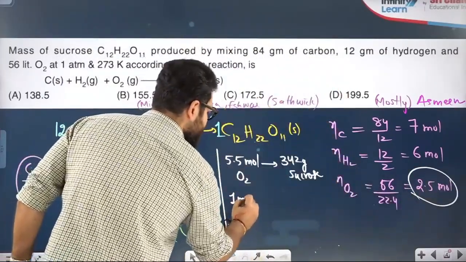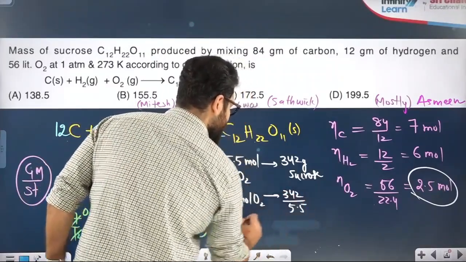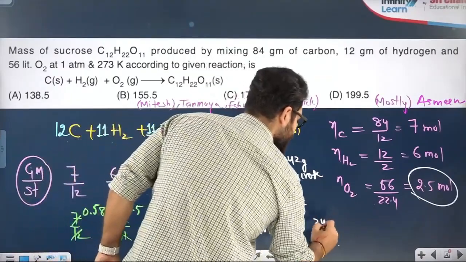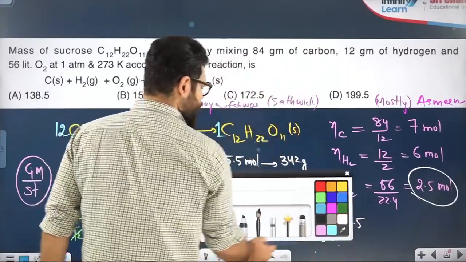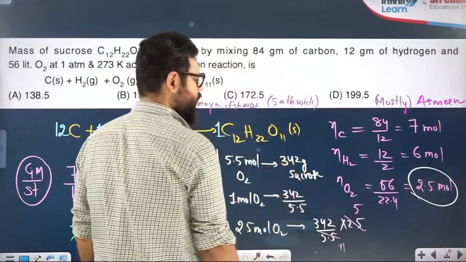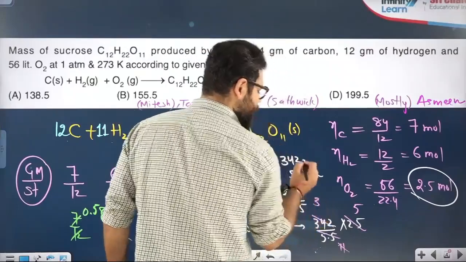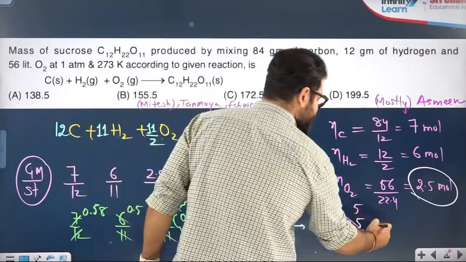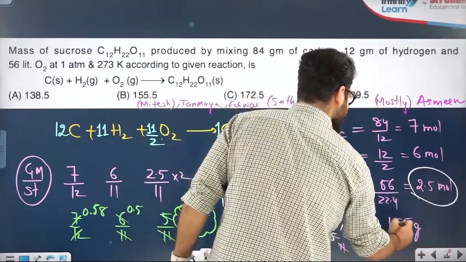So 1 mole oxygen is going to provide us with 342 by 5.5, and 2.5 mole oxygen is going to give us 342 by 5.5 into 2.5. Now cut it on the table of 5. On the table of 11, it will go 33 and then 12, which is 31, around 31. 31 5s are 155 grams.